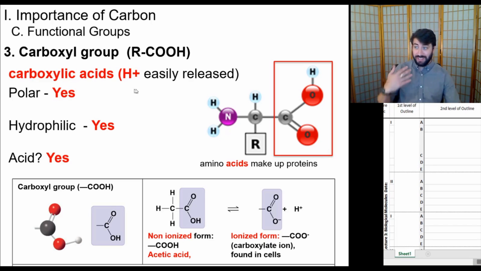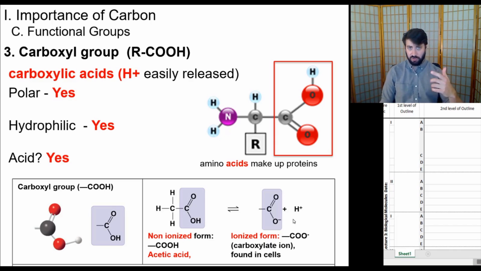Well, they easily release that hydrogen ion, and when you release hydrogen ions, you're considered an acid. Carboxyls are a major component of amino acids that make up proteins. We'll get to that in a second. Real quick, the non-ionized form of a carboxyl is called an acetic acid. But often you'll see an ionized form, which is COO negative, and we call this carboxylic acid.